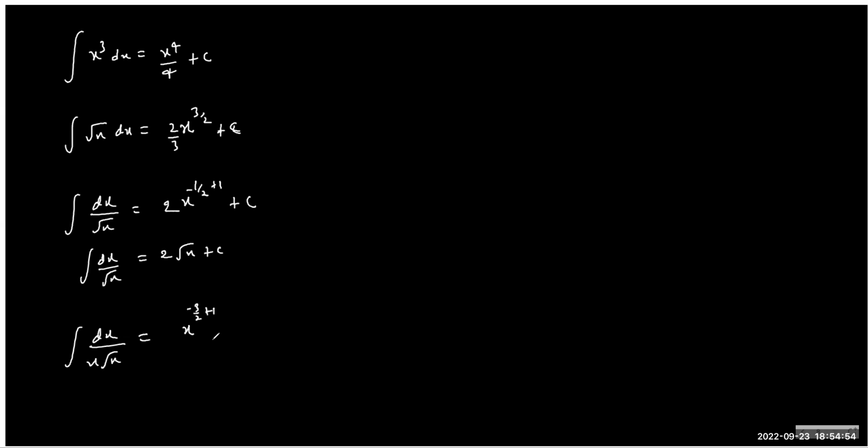Minus half. The power is minus, no? You are adding minus plus 1. So how much is the answer? It is minus half, correct? 2 by root x. And because it is minus half, the minus will come outside. So the answer will be minus 2 by root x, the inverse of it, isn't it?